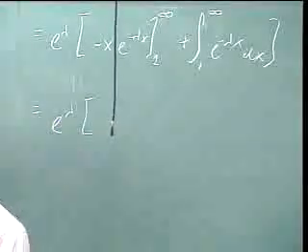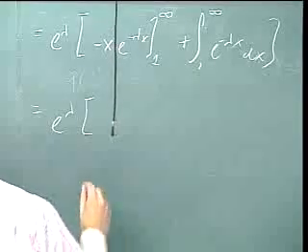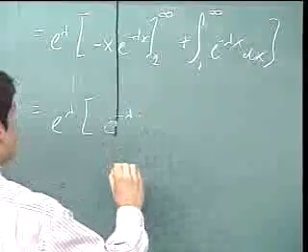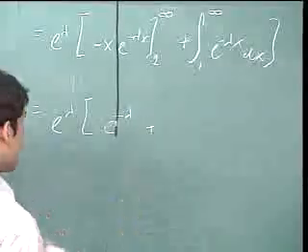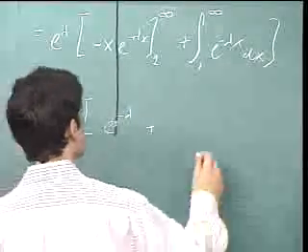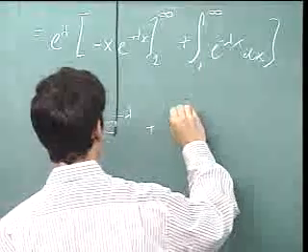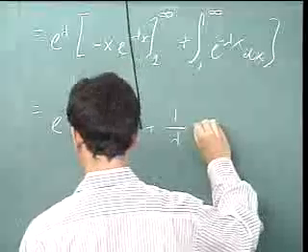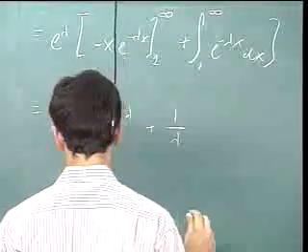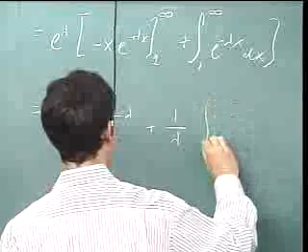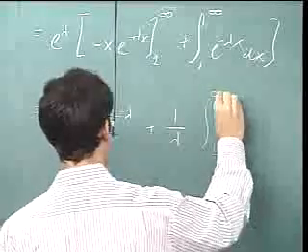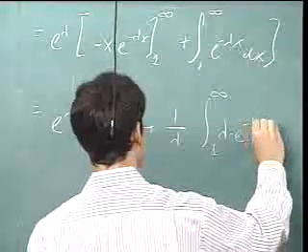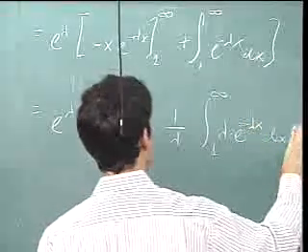So we get the following expression: e to the minus lambda plus 1 over lambda times the integral dx.